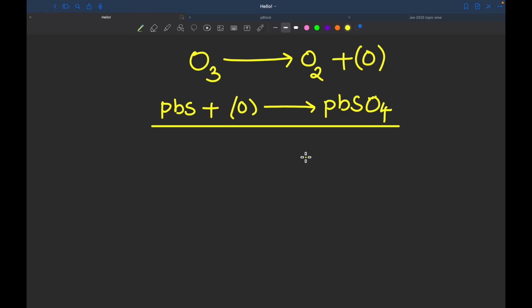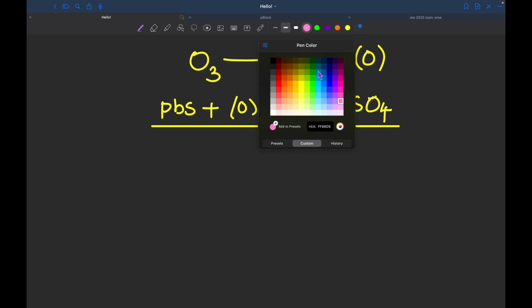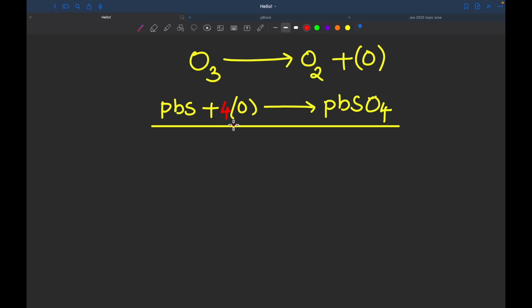Let us balance the reaction here. You have 4 oxygens, you need 4 nascent oxygens, correct? So it should be 4 here. If it is 4, we need 4 here, so we take 4 here and 4. If I add these two reactions, I'll get the final reaction here.